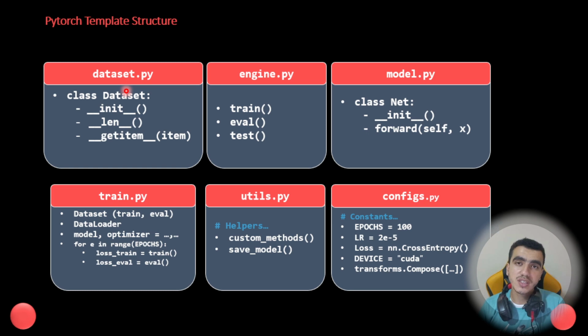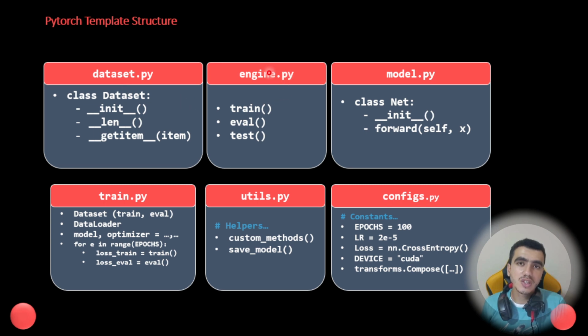Text normalization will be applied through this module. For images, normalization, making the image grayscale, or converting it to 3 channels or 2 channels. Any pre-processing should take place in this module.